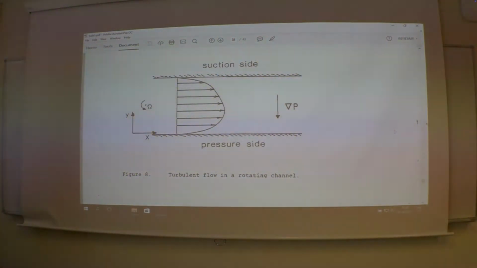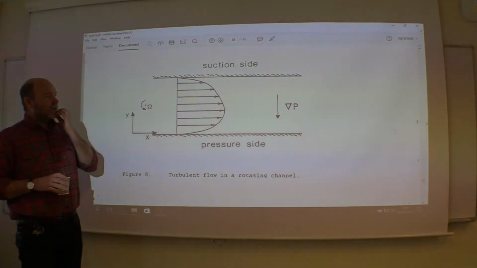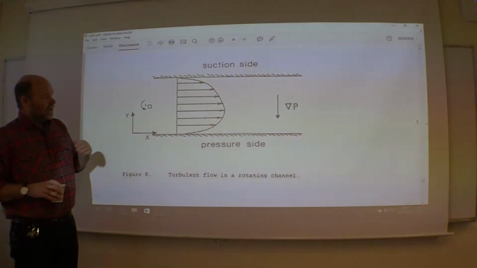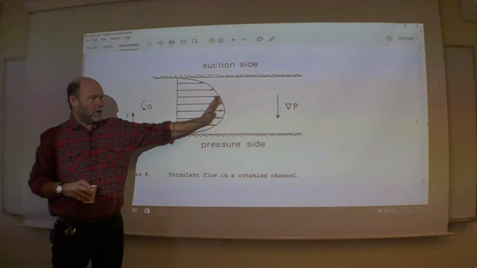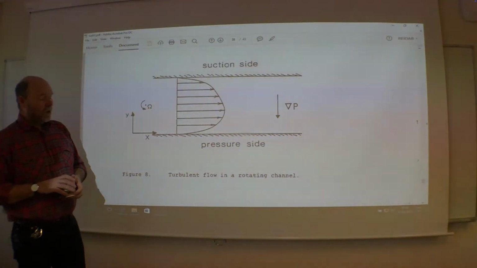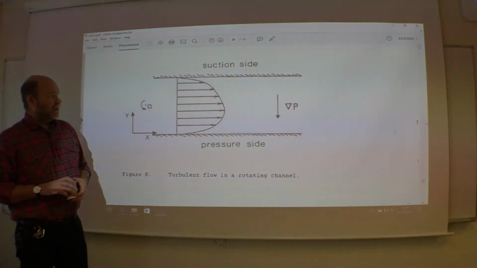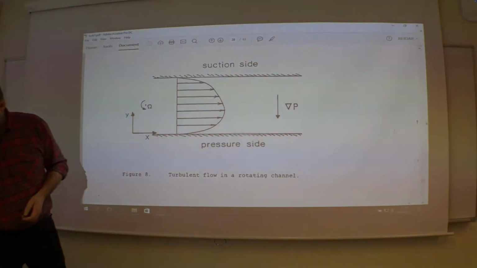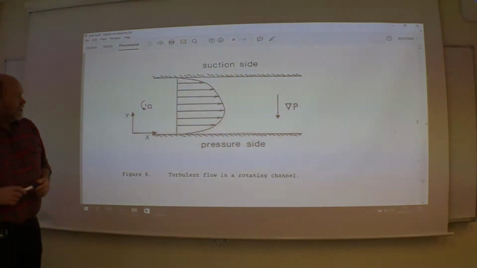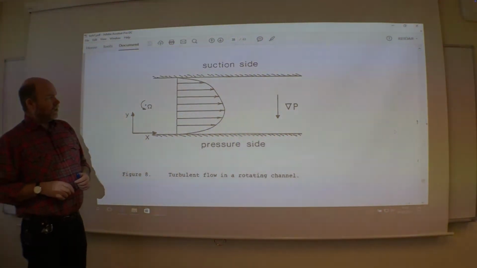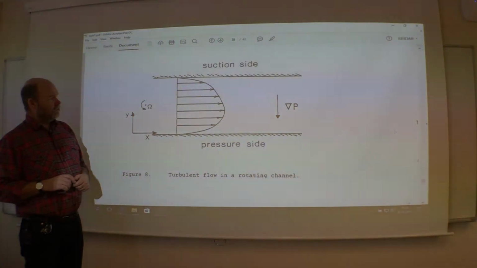So this will now be the other example that we are going to look into, a rotating channel flow. So you have a pressure gradient pushing the flow through a pipe, and then you rotate the entire flow. I think this one is not correct, is it? No, it's not.